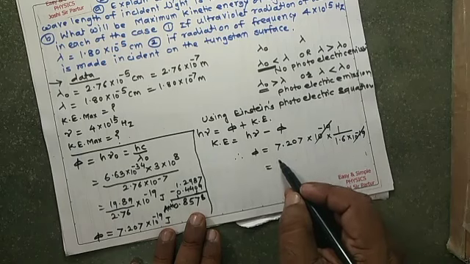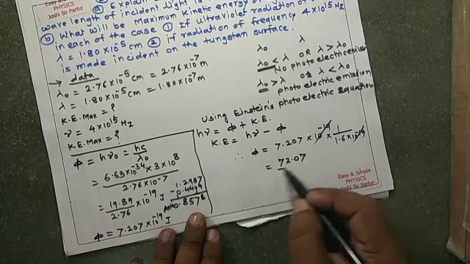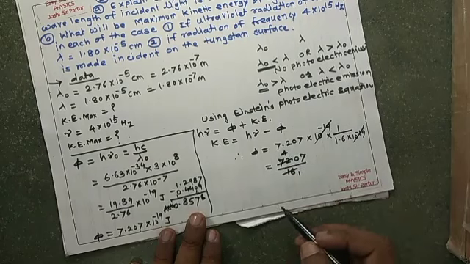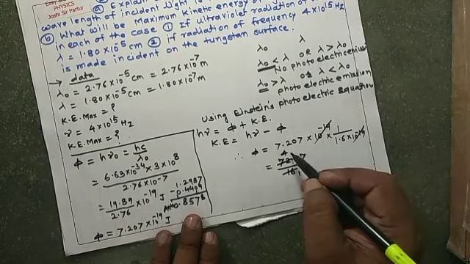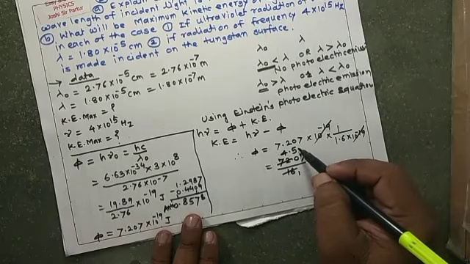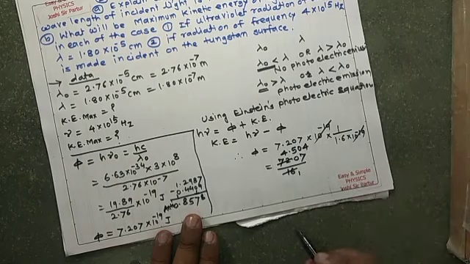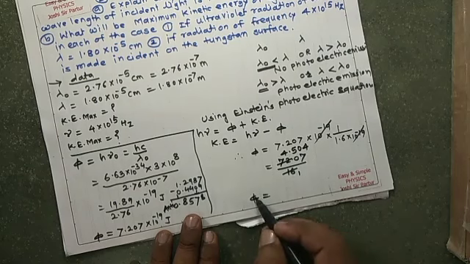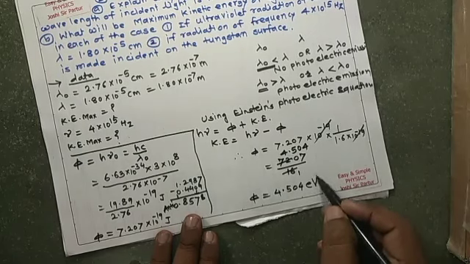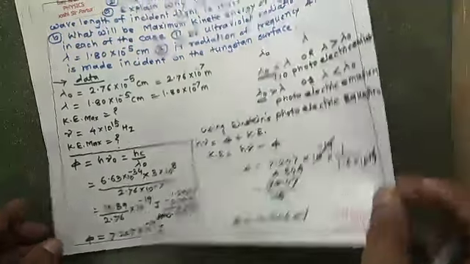So here we can shift the decimal point, that is 72.07 upon 16. 16 fours are 64, 8 will be remaining, that is 80. 16 fives are 80, 7 is remaining, so with 0, 70 will be there. 16 fours are 64. So phi is equal to 4.504 electron volt.